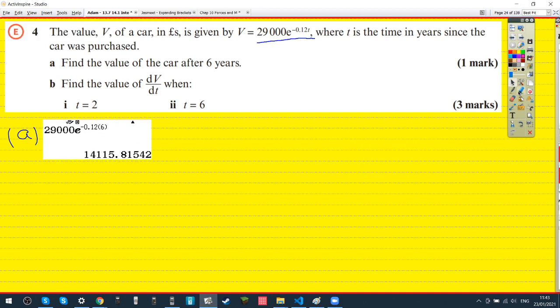Part B. So what's the rate? So would you find the derivative first? Yep. 29,000.